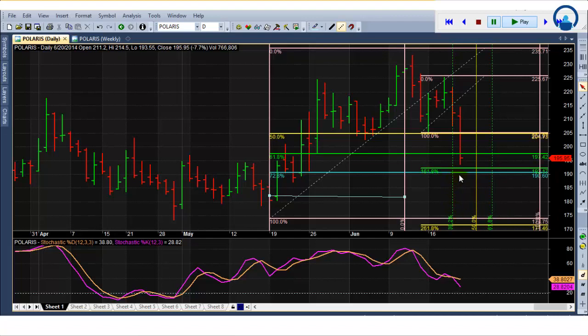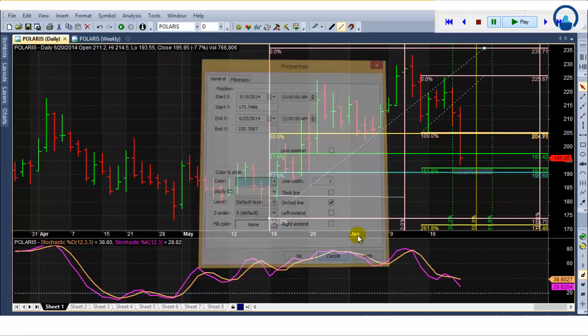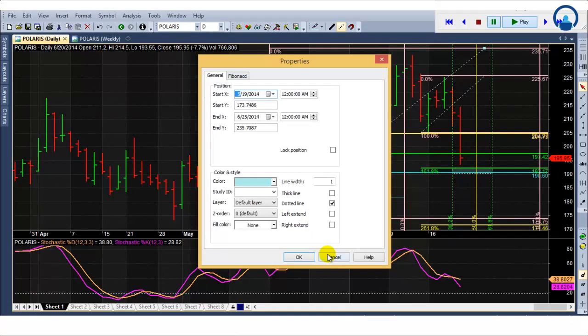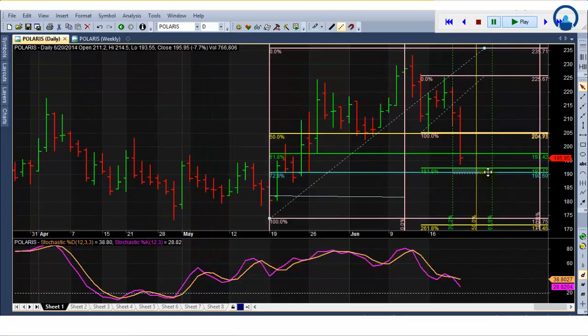So if prices hit this range, we can draw a box of this price band and time band. Still selecting Fibonacci level. Anyways, I have drawn a tight price band and a time band, a box where prices might change their direction after hitting that box.